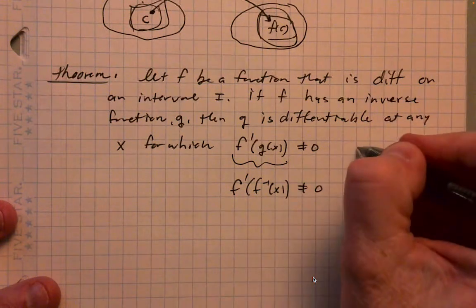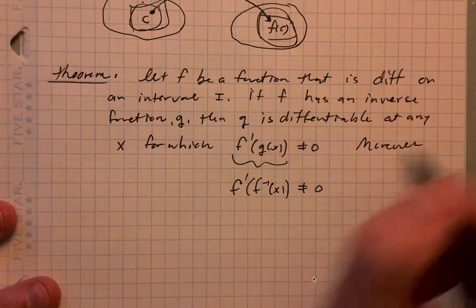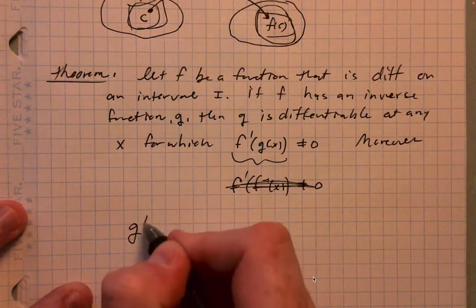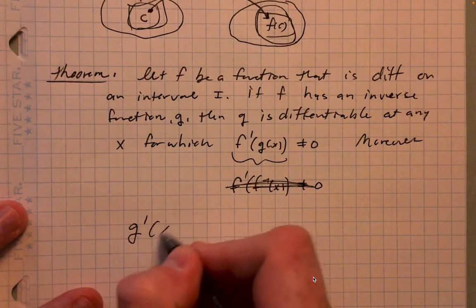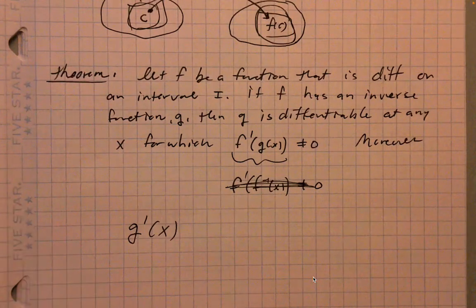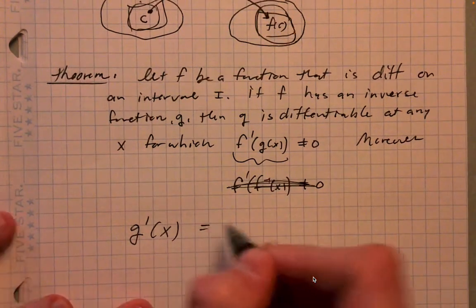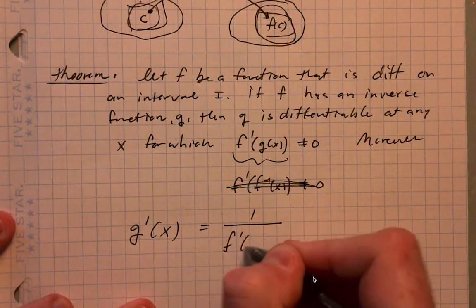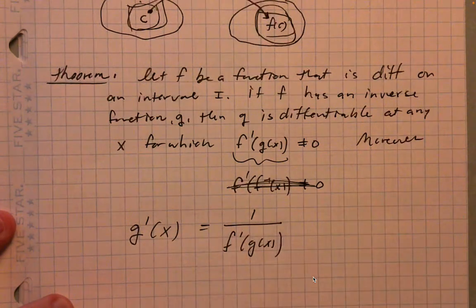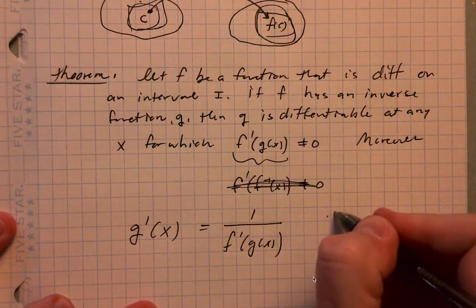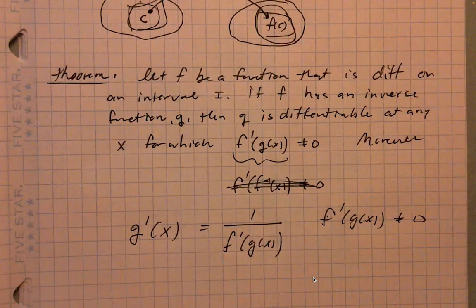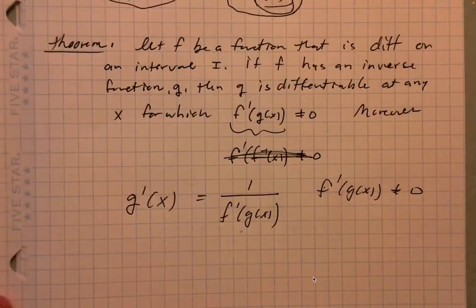And moreover, the value of the derivative of the inverse function is equal to 1 over f prime of g of x, provided, of course, wherever f prime of g of x is non-zero. Naturally, because you can't divide by 0 here.